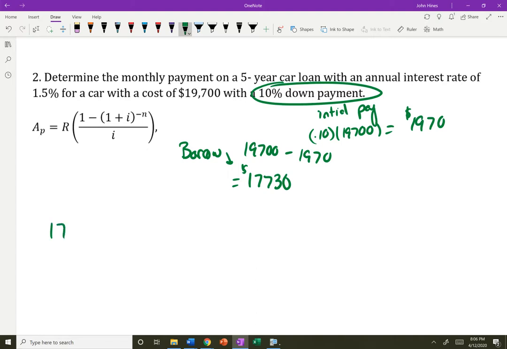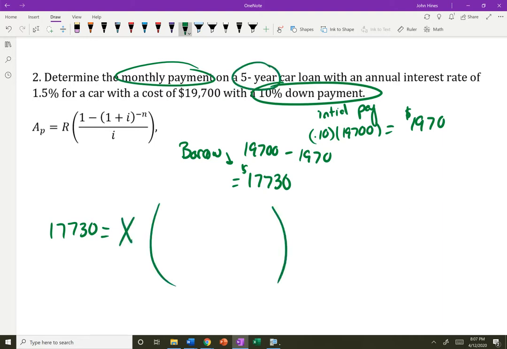This is how much I need to borrow from the bank. It's $17,730. Determine the monthly payment. That's X. Of a 5-year car loan, 5 times 12 is 60 months. That's 60 payments, right? You pay every month for your car with an annual interest rate of 1.5%.